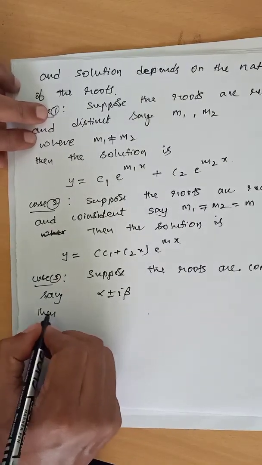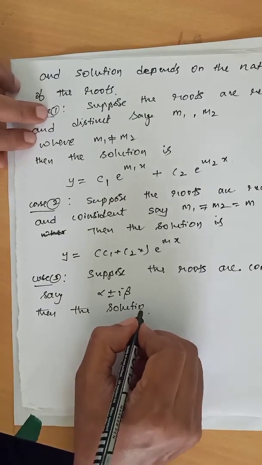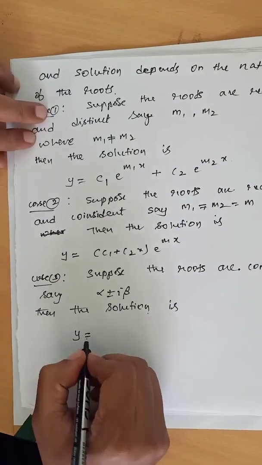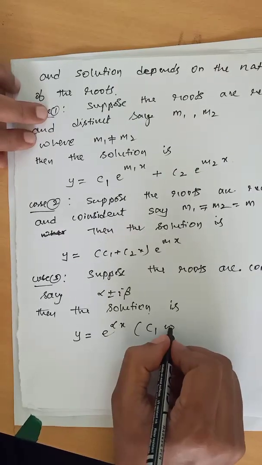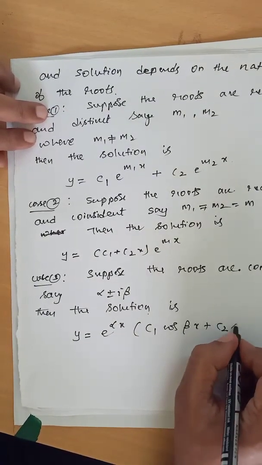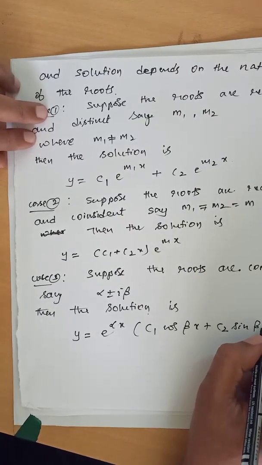Then the solution is y is equal to e power alpha x of (c1 cos beta x plus c2 sin beta x).